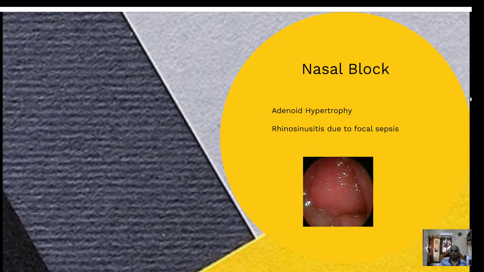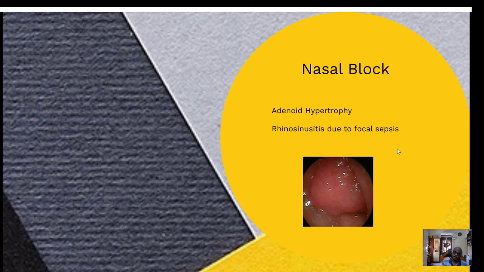Next comes nasal block. Nasal block is commonly seen in patients with adenoid hypertrophy. Adenoid hypertrophy invariably causes nasal block on both sides of the nose. Nasal block can also be caused by rhinosinusitis, which in fact could cause adenoid hypertrophy, because the infected material from the sinuses drains through the nasopharynx and the entire adenoid will be clothed with infected secretions from the nose and sinuses.